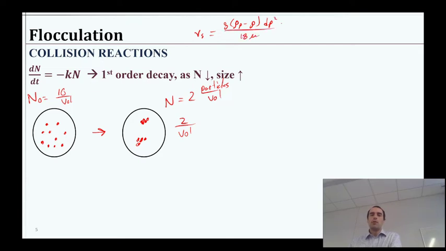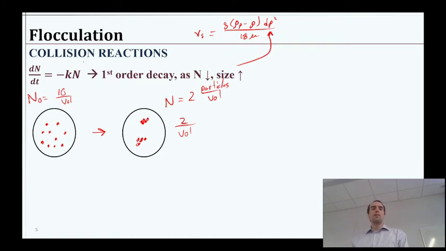And that diameter of the particle squared, that size of the particle is really important because that's squared. So that has a really big impact on how fast we're going to sediment these particles. So as we increase the size, that's why we're doing it, right?